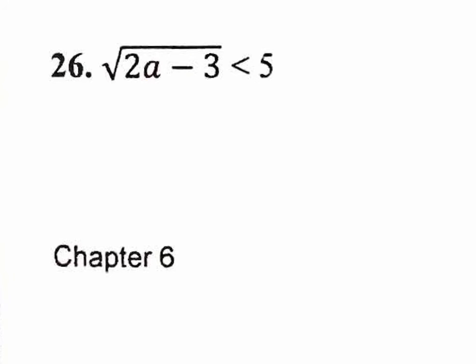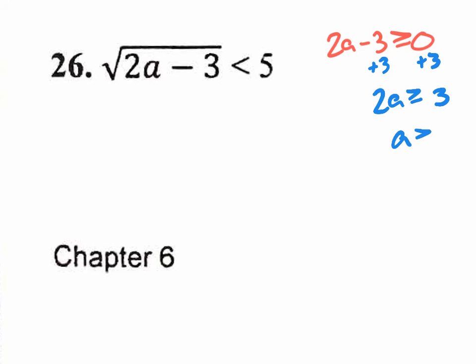The first thing I should do is write that the 2a minus 3 needs to be greater than or equal to 0, because if it's less than 0, it's going to be negative, which means that the whole thing becomes imaginary. Does that make sense? So that's step 1, where we set it to be greater than or equal to 0 and solve. If I solve, I get a plus 3, 2a is greater than or equal to 3, a is greater than or equal to 3/2, which is 1.5.